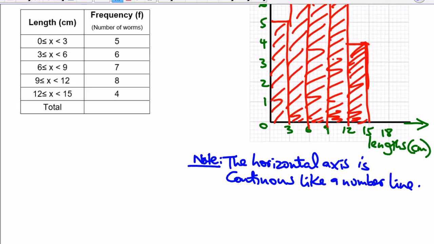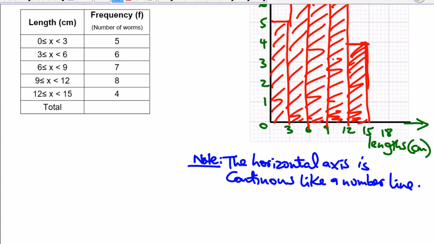So basically, what you have here is you're grouping these measurements, and that's why your horizontal axis is continuous. And in fact, the most important thing here is there should be no gaps between the bars because this is continuous data.